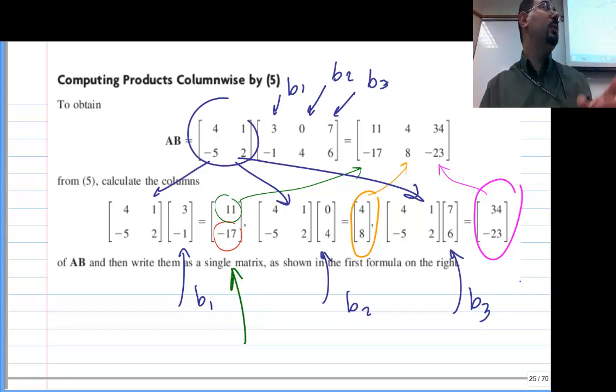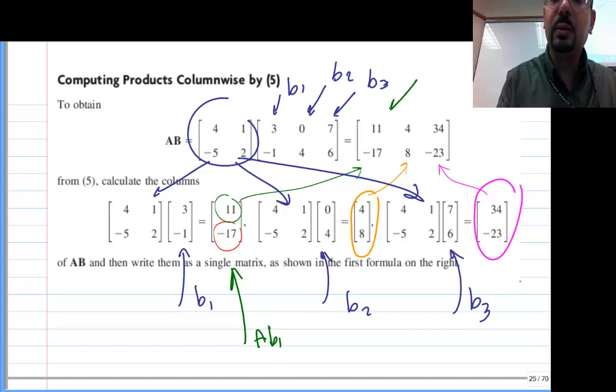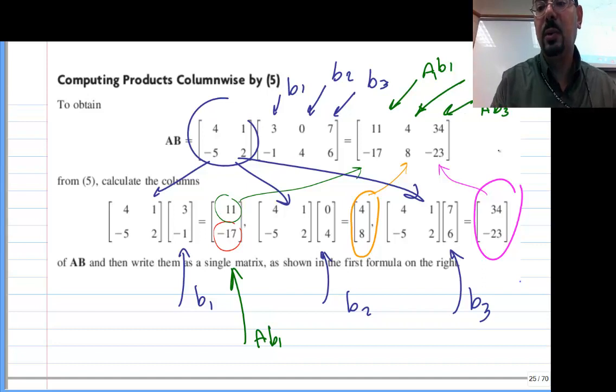It's easier on him to do it like this because it's just a vector times a matrix rather than matrix by matrix, and your eye can get lost. So a vector times a matrix is a little bit easier. So this, which is now AB1, gets stacked over here, AB1, and next to it is AB2, and next to it is AB3.